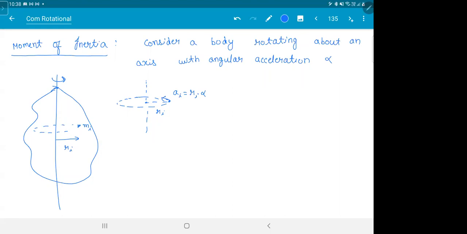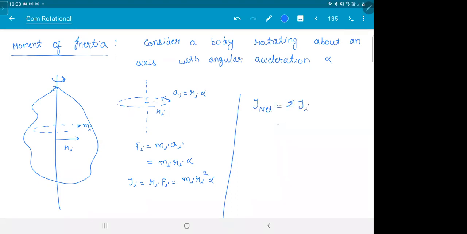A is equal to R alpha, from circular motion. So force on the ith particle is Mi into Ai, which is Mi Ri alpha. Then torque about the axis will be Ri Fi, which would be Mi Ri square alpha. The net torque would be sigma torque i, which will be sigma Mi Ri square alpha.